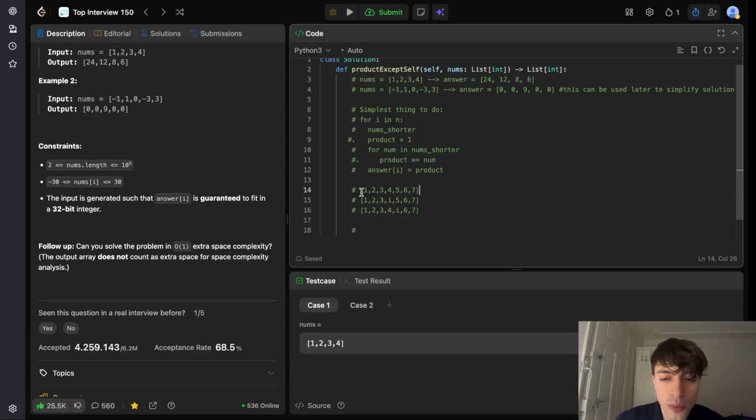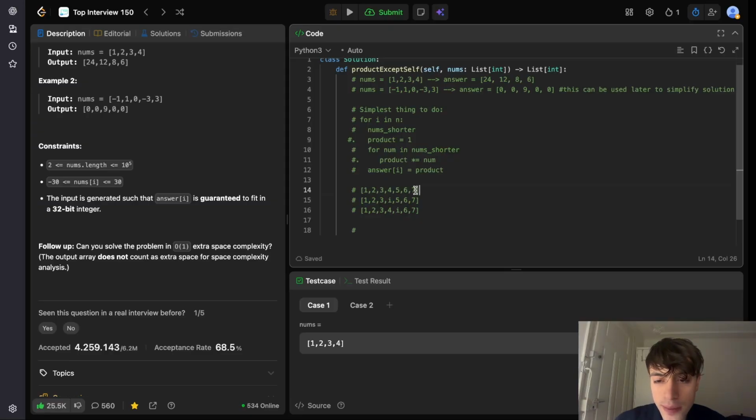So if I have nothing on the left, I multiply by 1, because 1 in multiplication is basically the identity operator. Then I move here to the 2 and I multiply by 1. Then I move to 3 and I multiply by 2. All right, do you see what we are doing here? Then I move to 4 and then 5 and then 6 and then 7.